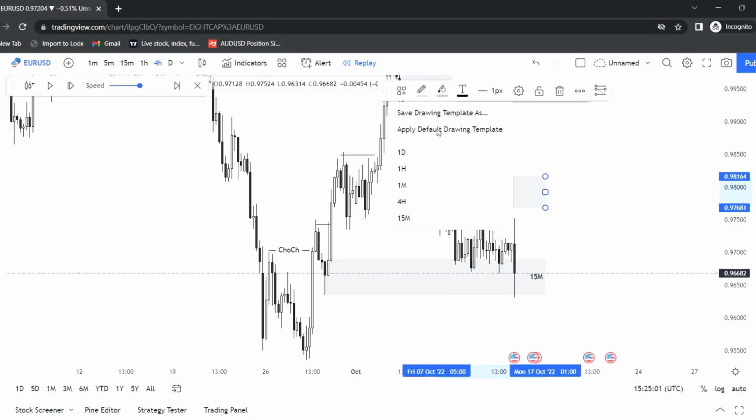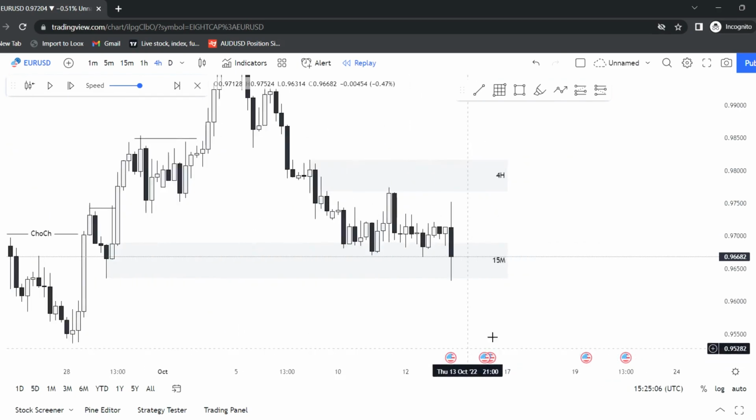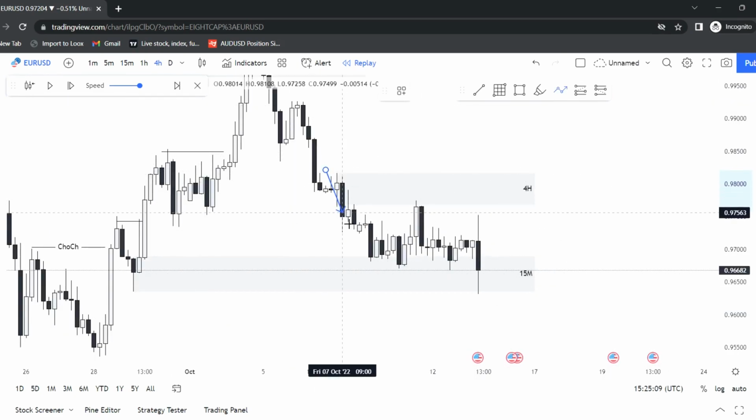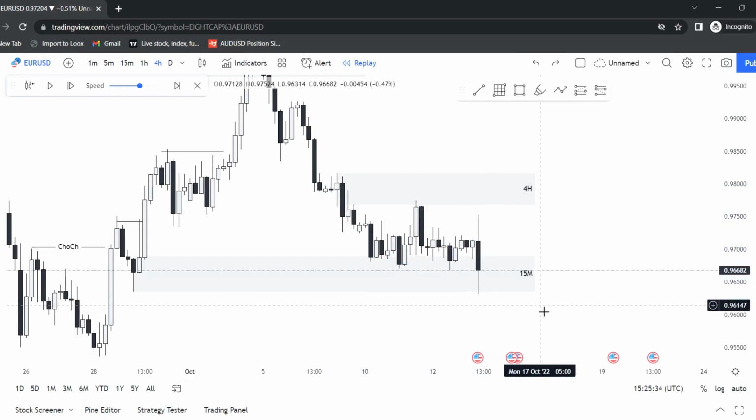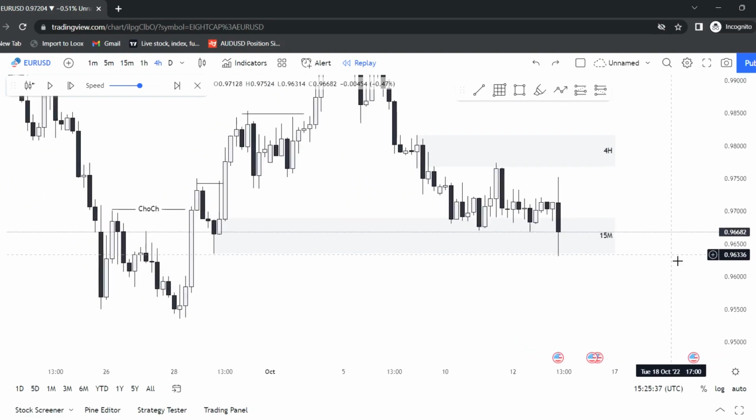Quite simply because price came down, and from this wick you can see it came back to this zone again to grab some more liquidity, went down again, breaking these lows and creating another lower low, went back up again, and then just went back down again. You can see that from this wick it broke these lows, which might show that it's going to move further downwards, but we don't stop over here.